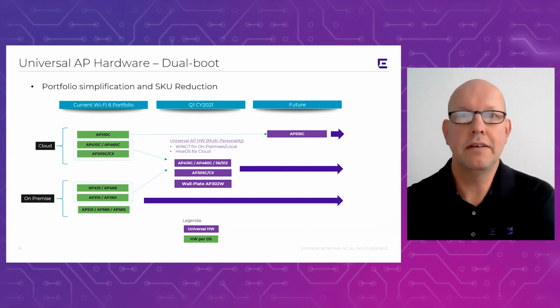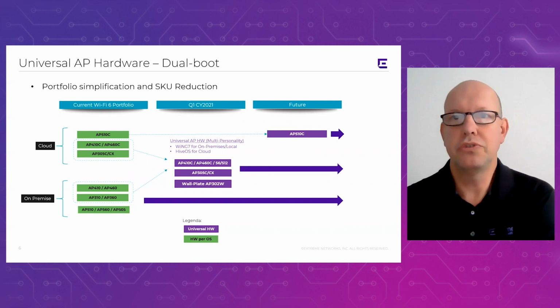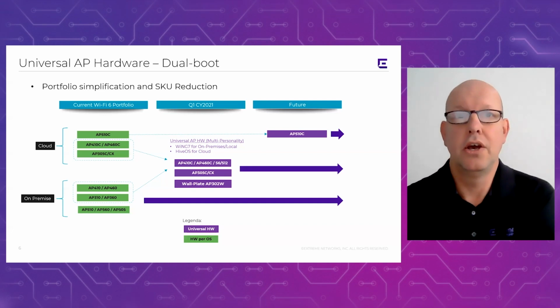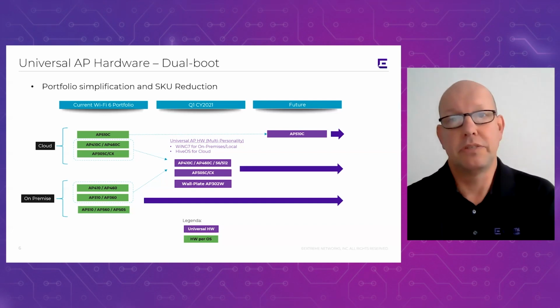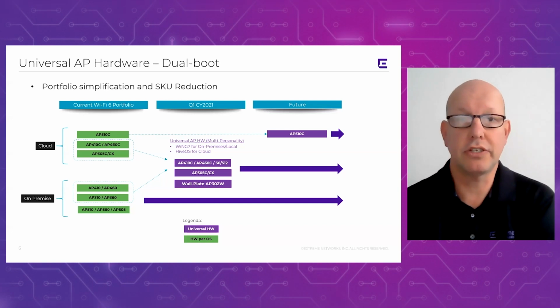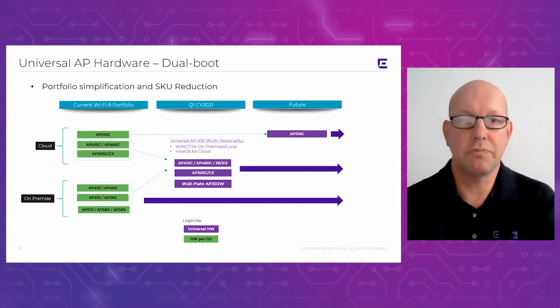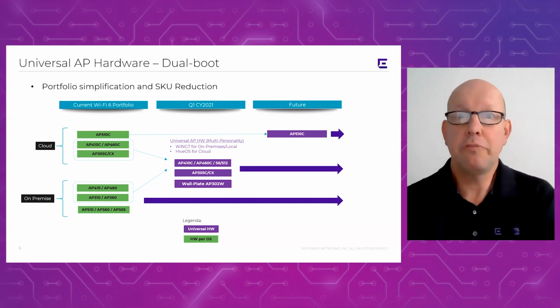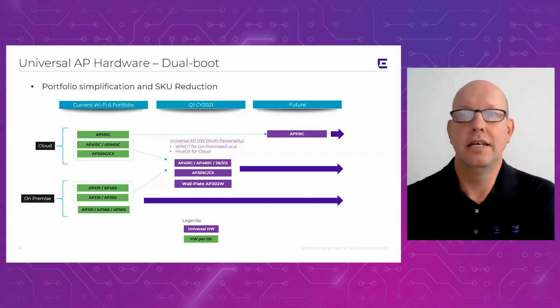As from January, we started to deliver the new AP305C or CX and AP410C and CX. We selected these access points because they already have a TPM chip on board and are able to connect to Xcyq. So we only had to add a second operating system, and therefore we needed to look at the amount of memory. The amount of memory needs to be 1 gig to support the two operating systems.